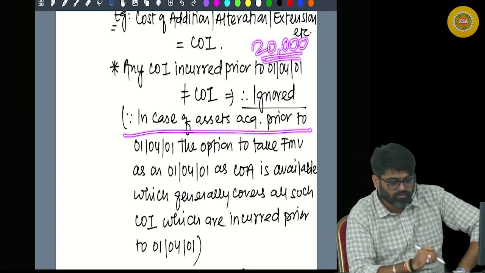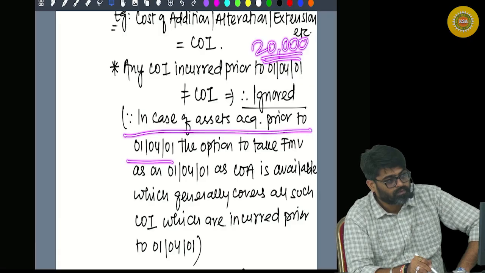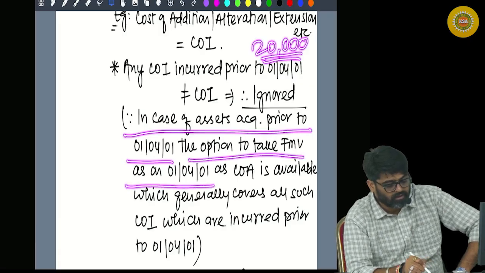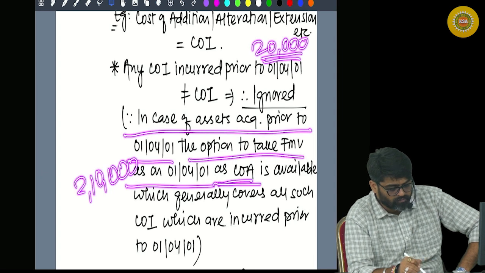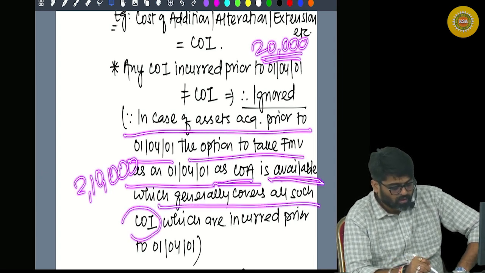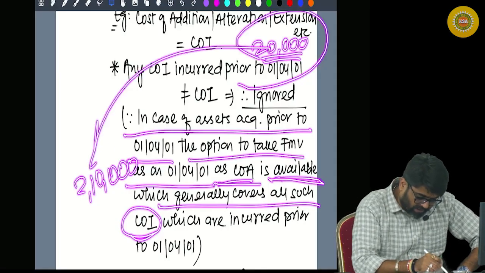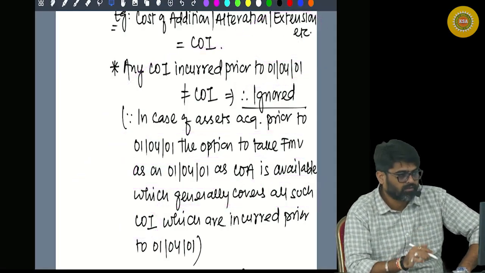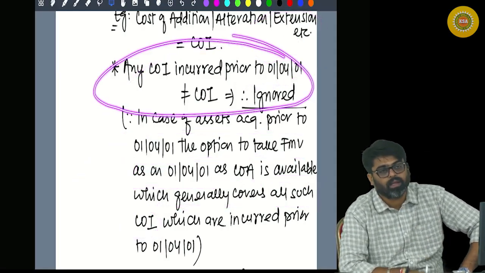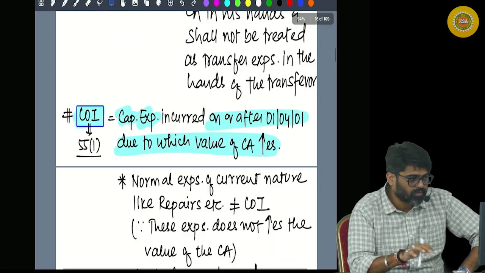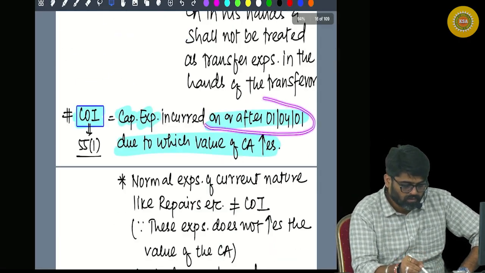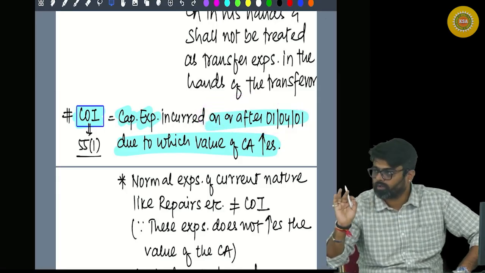Since the asset was acquired prior to that date, the option to take fair market value as on 1st April 2001, 2,10,000, as cost of acquisition is available, which generally covers all such cost of improvement. Hence, this cost of improvement needs to be ignored. Which will you consider? Any cost of improvement incurred on or after 1st April 2001.